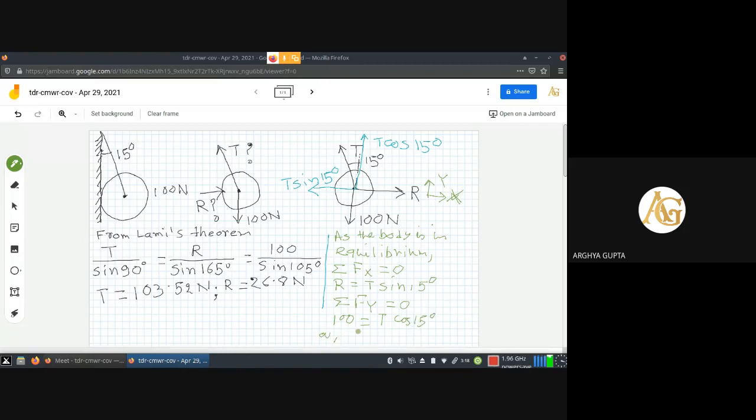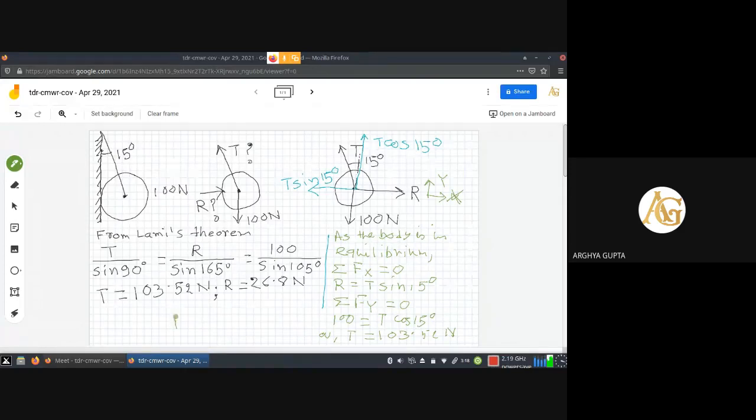So from that the value of T is equal to, let me do everything in the calculator. So 100 divided by cos 15, 103.52. So the answers are coming out correct. 103.52 Newton. If I put the T value here, so R value will be found.